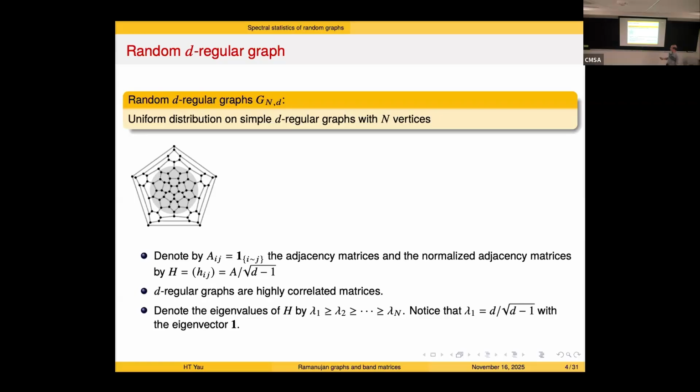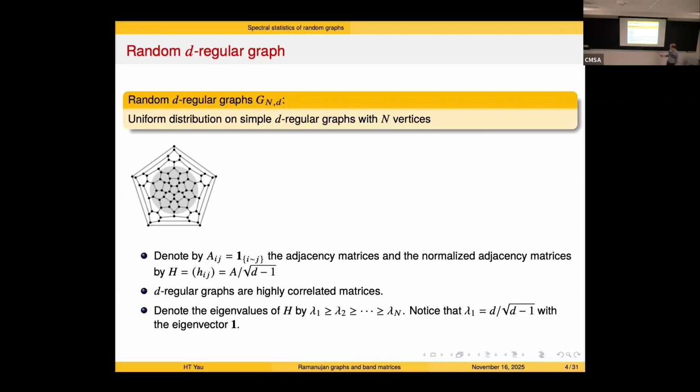Now, for the d-regular graph, these matrices are highly correlated. It's not independent anymore, because if you think about the adjacency matrix with degree 3, each row and each column only has 3 nonzero elements. You put lots of restrictions, so it's highly correlated.